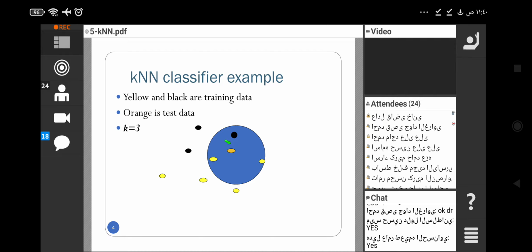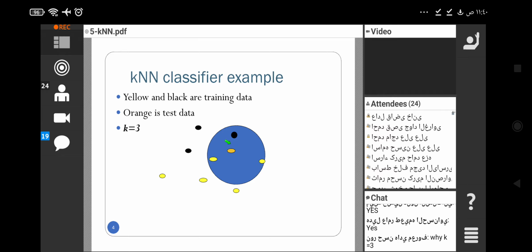When the size of the training data is big, we have to find the distance to all of the training data, and that will be time consuming. And then we have to sort it and find the nearest neighbors. Finding the nearest neighbors means first you have to calculate the distance with all of the training data, and then we should sort it, and then we can find the k nearest data. So the test phase is time consuming.